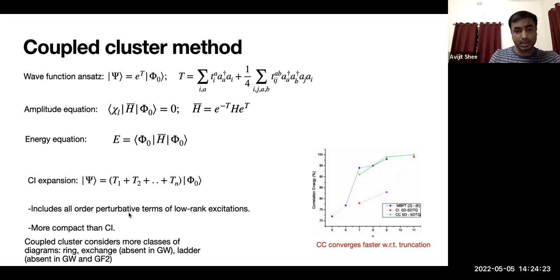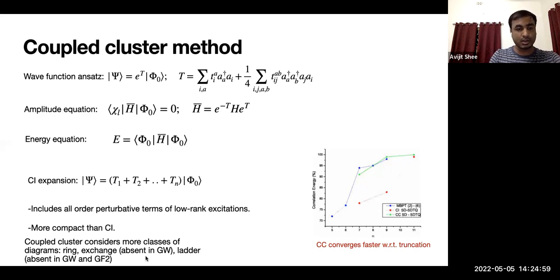One last point is that here we are actually comparing coupled cluster with diagram-based finite temperature perturbation theories, for example, GW and GF2. So coupled cluster has some underlying diagrammatic structure, which I have not gone into the details of, but it includes various ring, exchange, and ladder type of diagrams.